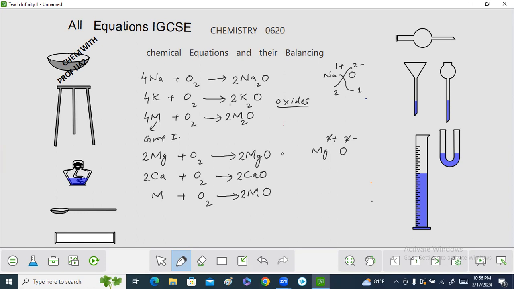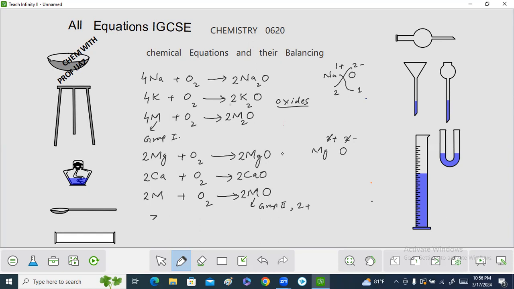We can balance all the group 2 metals in the same way. Or we can say that all the elements having 2 positive charge, if they react with the oxygen, you can balance the equation in the same way.